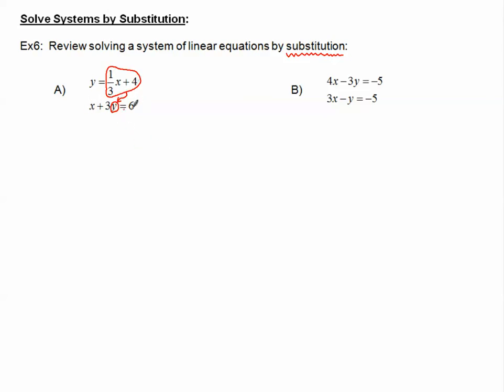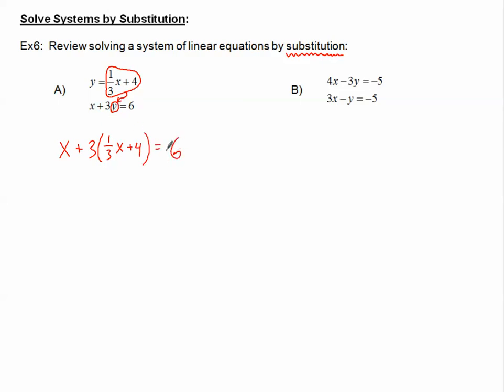So I'm going to rewrite this equation. The x is obviously still there. The plus sign is still there. The 3 is still there. And then this y is going to turn into the same thing, 1/3 x plus 4. So I replaced the y with 1/3 x plus 4, and then equals 6.